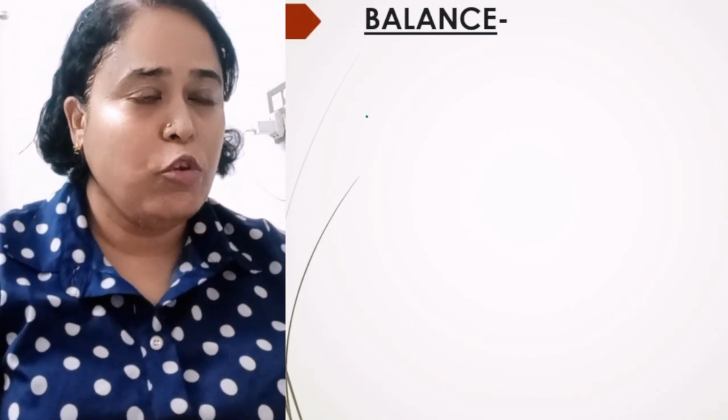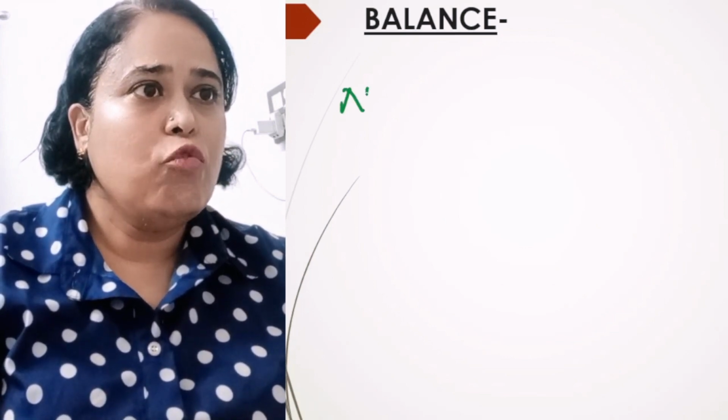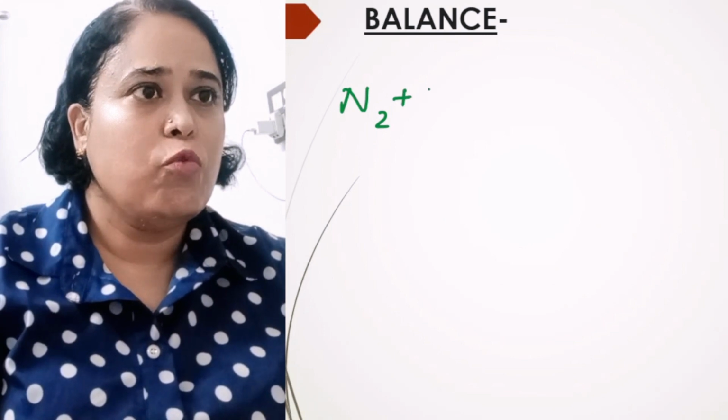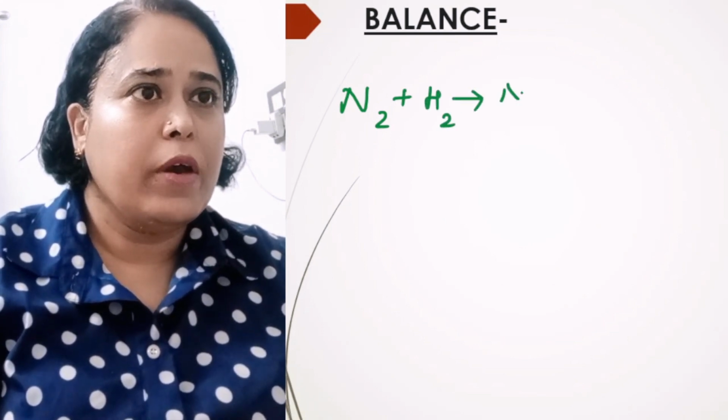So let's try to balance another chemical equation. N2 plus H2 gives NH3, ammonia.